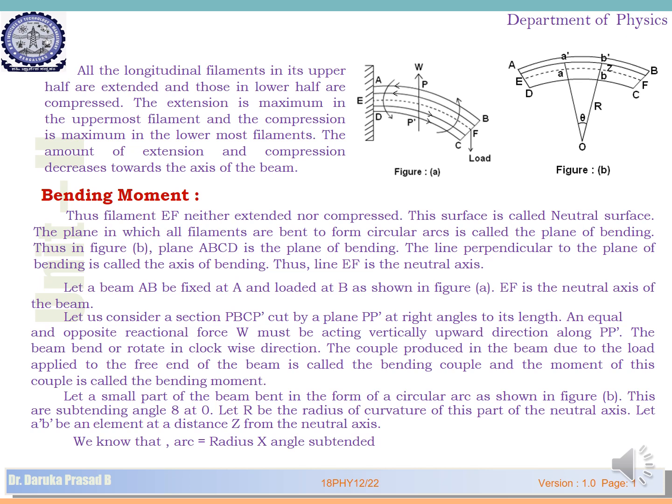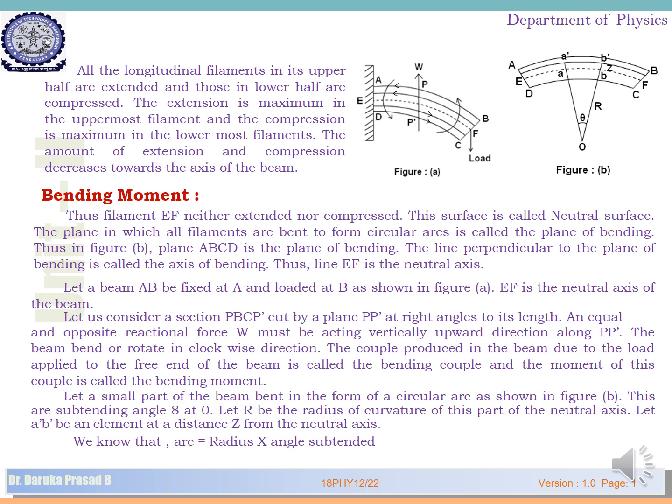Since capital AB is expanded, naturally the small a dash, small b dash is going to be more than the small a and small b, because small a and small b is fixed, it is not going to change. So in that way the explanation is given here.